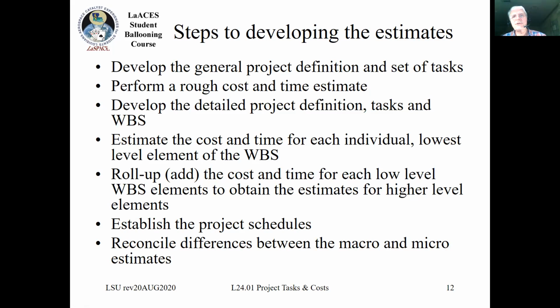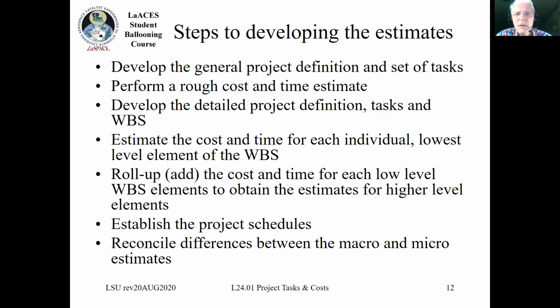So, figuring out your estimates for these things at your work package, or even above that, there's a certain number of steps that get involved with doing that. So you need your general project definition and your set of tasks, like your WBS. You can perform a rough cost and time estimate. Then develop your detailed WBS and get a cost and time estimate for your individual lowest elements, your work packages, if you will.